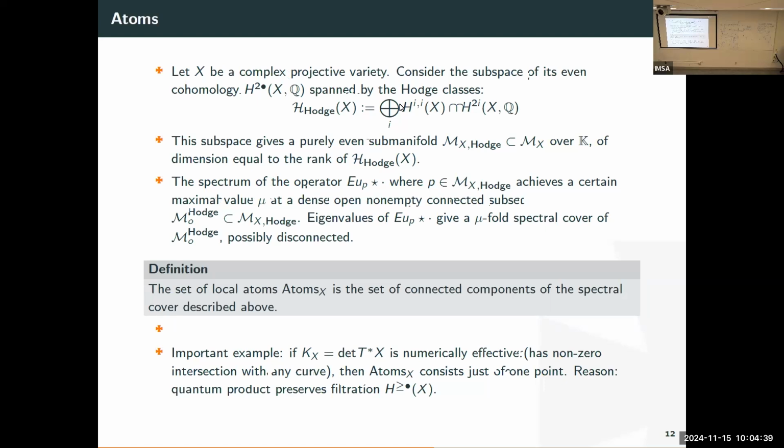So the local component associated with a generic point of the spectral decomposition is something that we will call an atom. As I said, it is fixed under the action of the Mumford-Tate group. So this H lambda corresponding to a generic point of the base is called an atom.